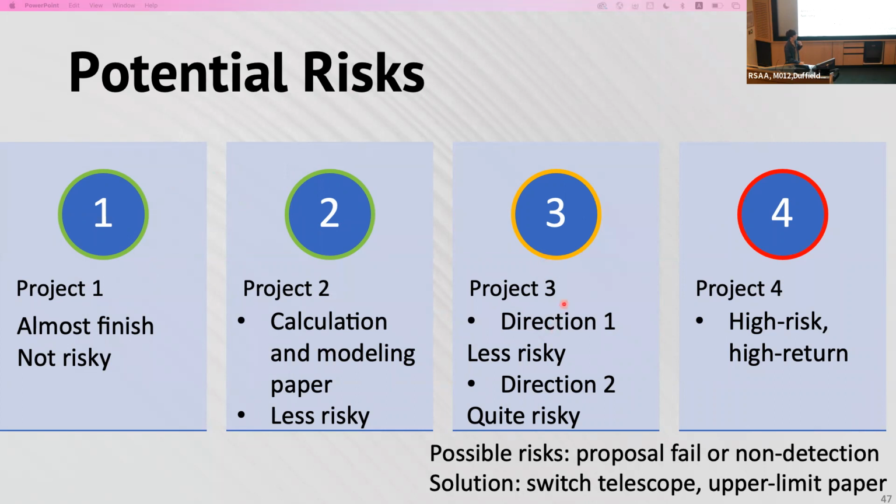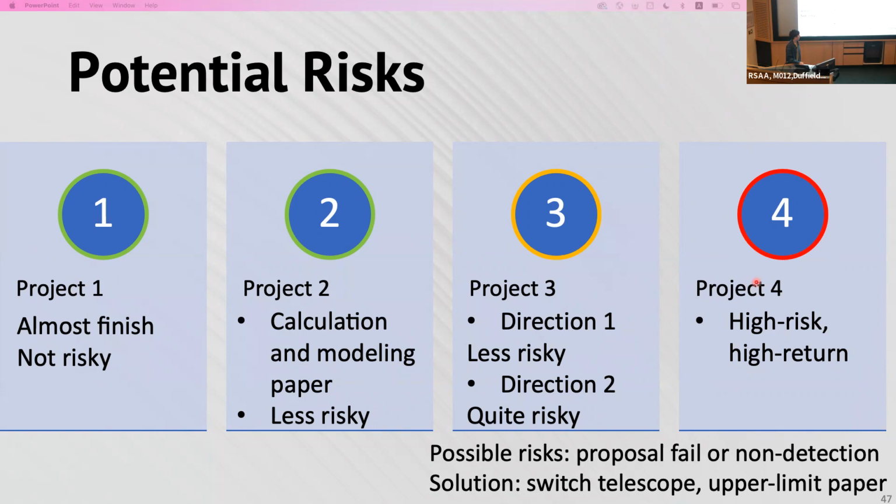The first one is less risky because we already have data from MeerKAT. But direction 2 is quite risky because we may face proposal failure or even non-detection. As a solution, maybe we can switch telescopes, or it would be great even writing an upper limit paper, I would say.